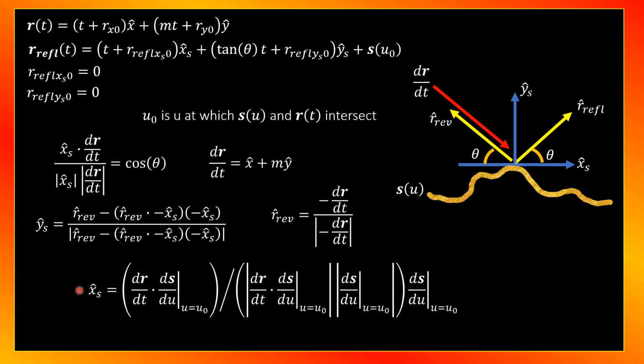X hat S, which is over here in the diagram, is the unit vector in the direction of dr by dt, which is over here, projected onto the surface at that point of intersection. R hat rev is the unit vector in the reverse direction of dr by dt, and we'll see why that's important later.